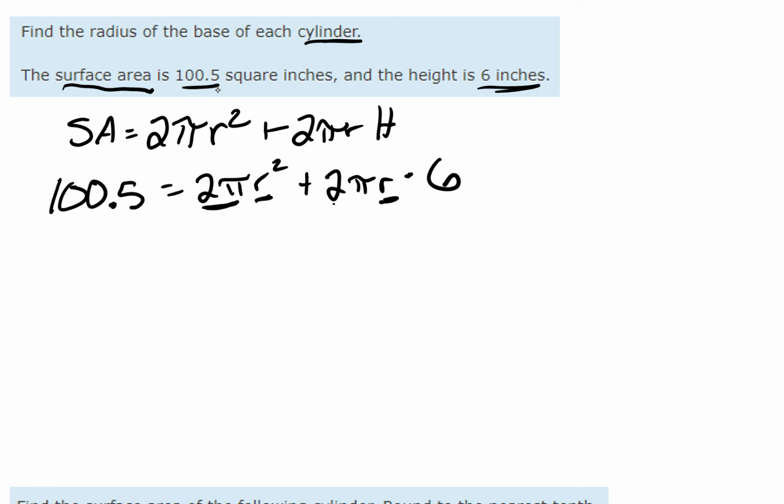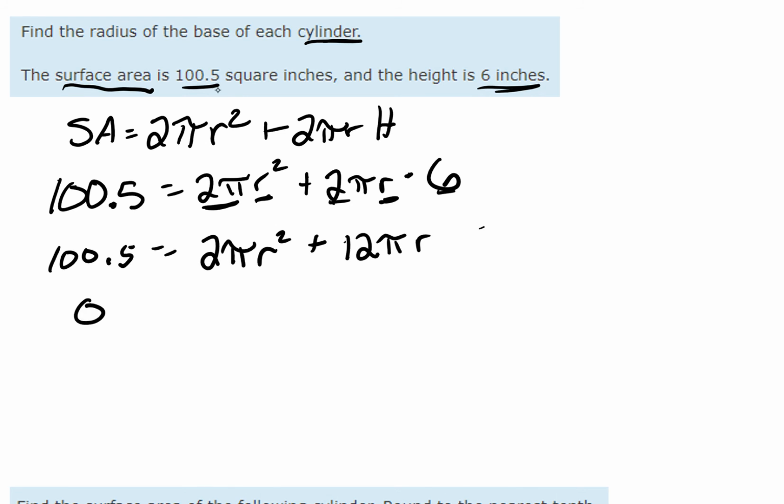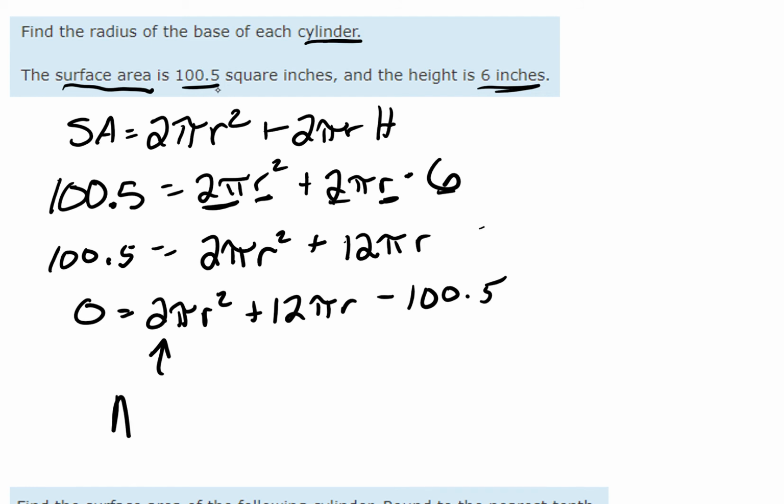So first thing I see here, we got 2 pi r squared plus, we can do the 2 times 6, which is 12 pi times the radius. That equals 100.5. Now we need to move the 100.5 over. So we would subtract 100.5 from both sides. And that gives us our A value, which is 2 times pi.